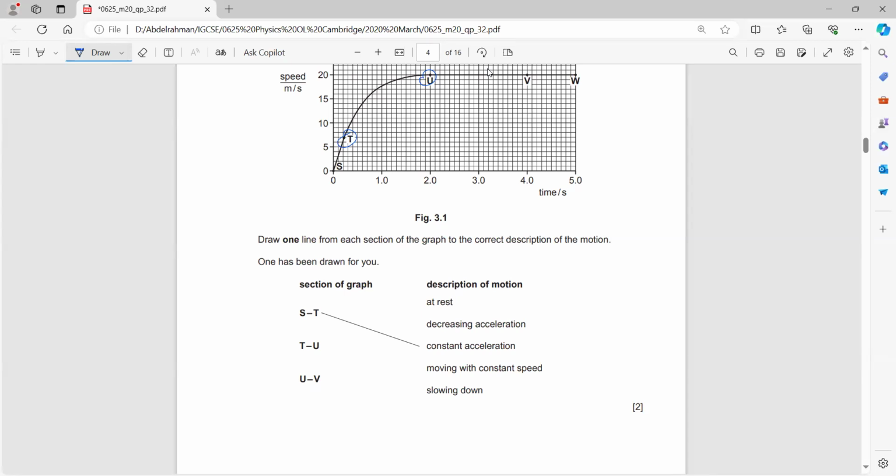If you look at the rest of the answers, at rest, constant speed, slowing down, this is the only one accelerating. So TU must be decreasing acceleration, non-uniform. What about UV? Constant speed. Definitely.